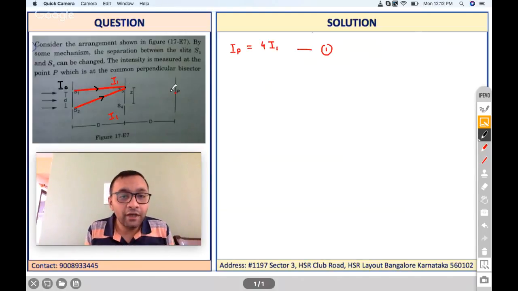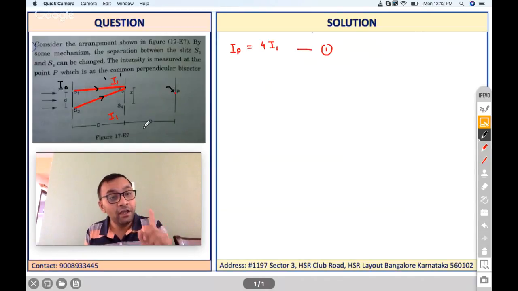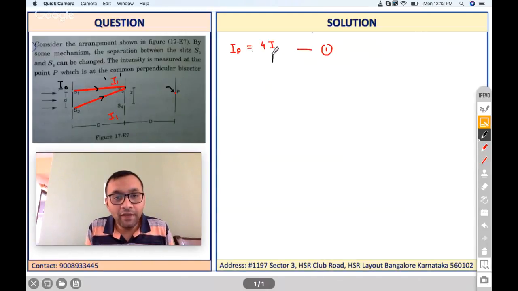Now in order to get the maximum possible intensity at point P, I need to have maximum possible intensity at I1, right? At S3, I need to have maximum possible intensity. So more is the value of I1, more is the value of IP finally.